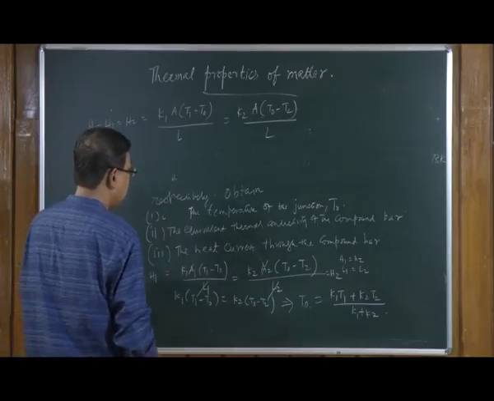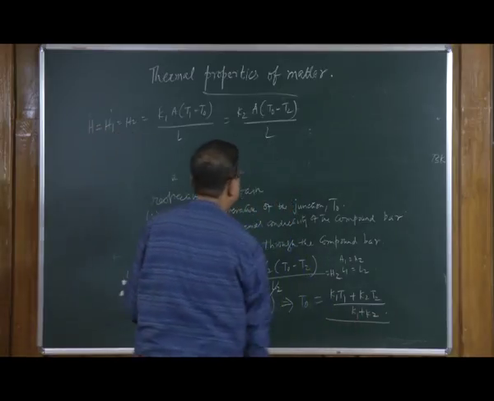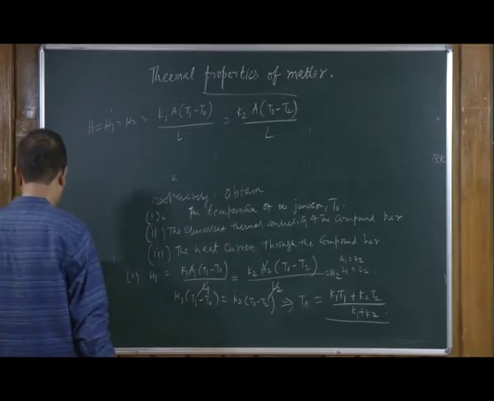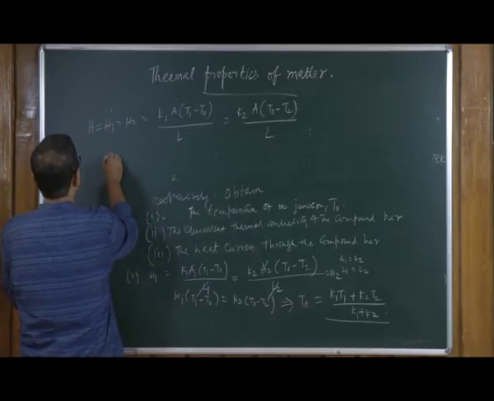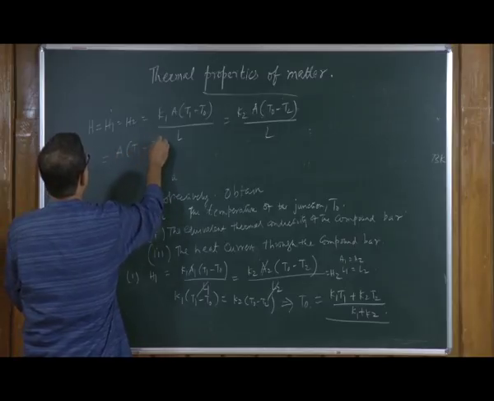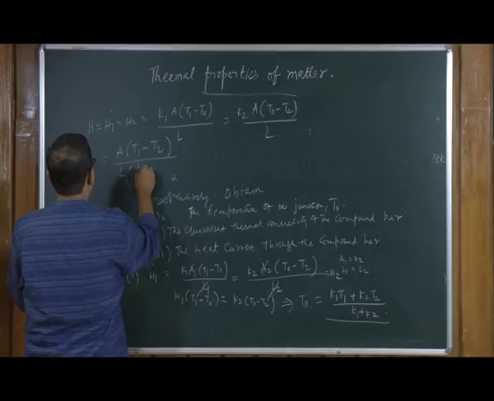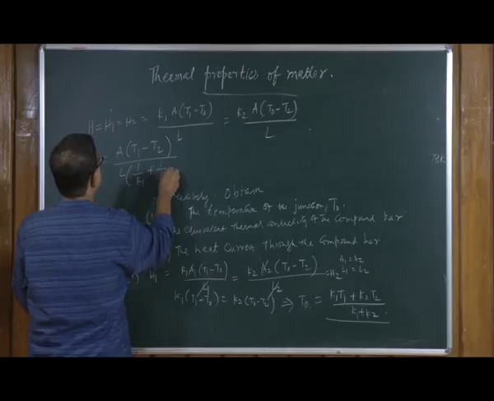Now, I can put in the T0 that I have obtained in part 1, and I will get an H, which upon simplification will look like A (T1 minus T2) divided by L times (1 by K1 plus 1 by K2).